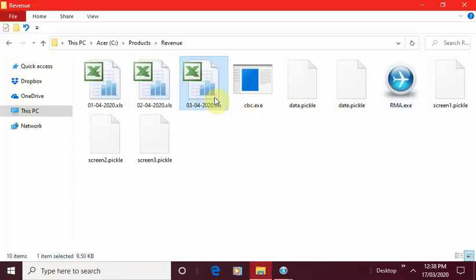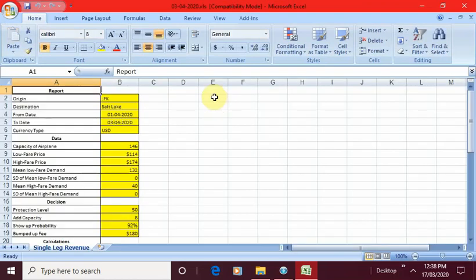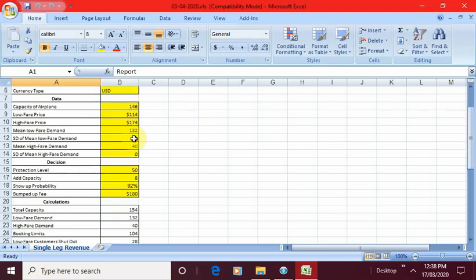Now we'll look at the 3rd of April, the report being generated. So this is what we entered. We assumed that there is no historical data for the airline, and they just knew the demand of this particular day would be 132 and 40 for the high fare passengers, and the standard deviations we have entered 0, and the protection level we kept as 50, and the virtual capacity the same as on the 1st of April.